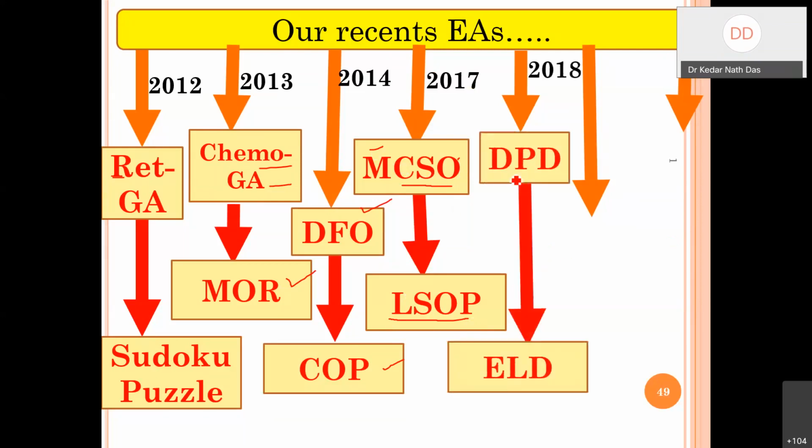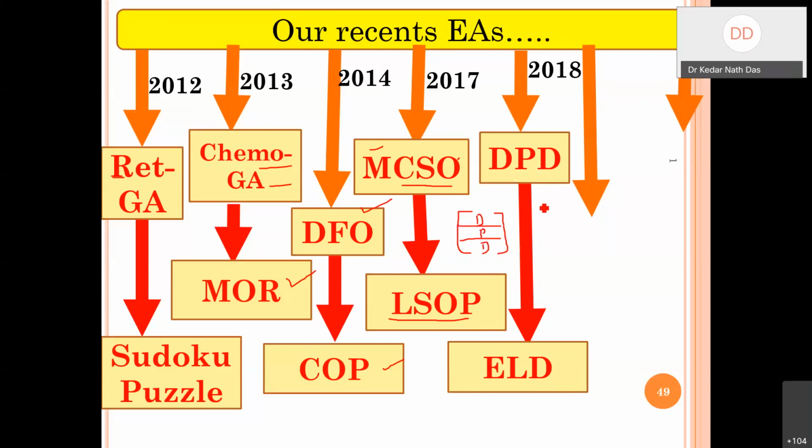In 2018, we designed DPD. If there is a whole lot of strings in the population, it is divided into three parts. The first part applies DE, the middle part is PSO, and the last part is DE again. This implementation of DE, PSO, and DE is called the DPD algorithm.